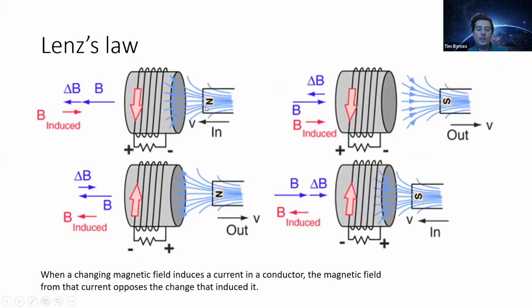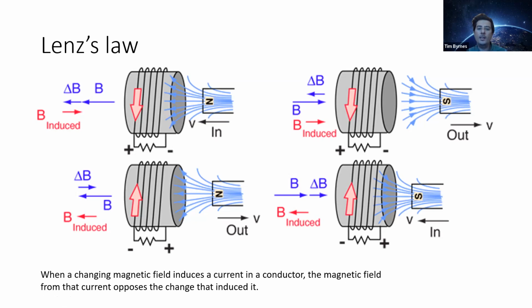Lenz's law is saying something a little bit more qualitative, which direction is the current going to flow, right? Is it going to be clockwise or anti-clockwise? Depending on that, that will give a different direction of the magnetic field, either to the left or the right in this picture. And Lenz's law is just saying that it will go in the direction such as to try to maintain the magnetic field that's there.